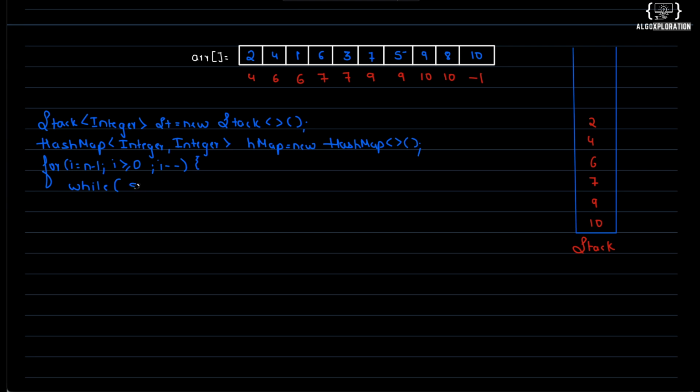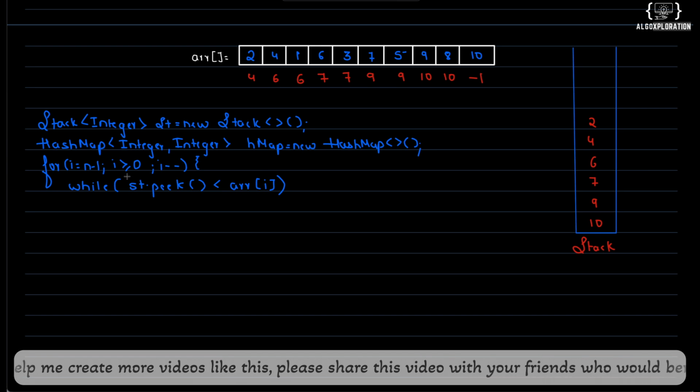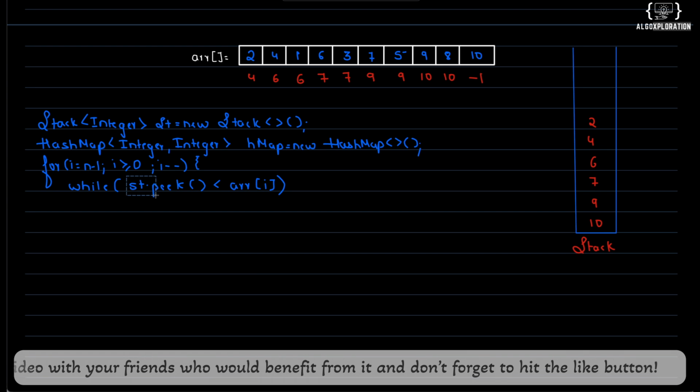in which I will be comparing the top of the stack with the current element, array of i. If I find out that the current element is greater than the top of the stack, I need to keep popping. But see guys, I am checking the top of the stack, and it might happen that the stack is empty.